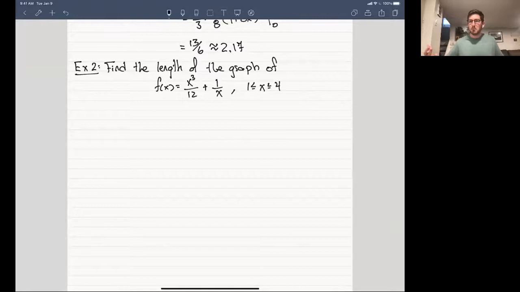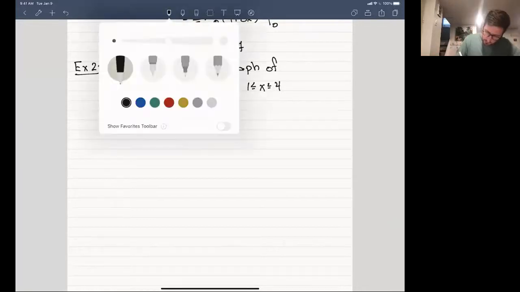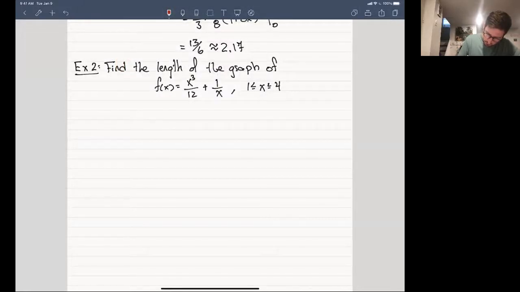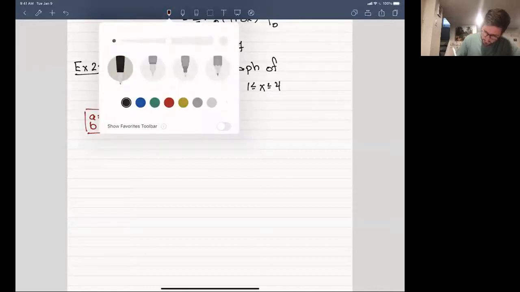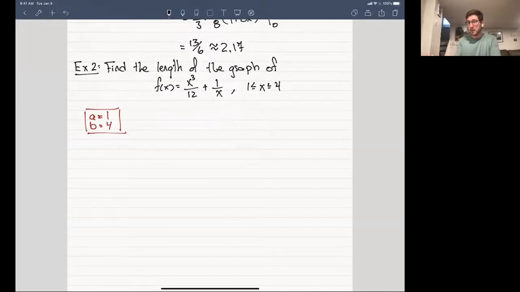Okay, so again, don't really need a picture here. We just need to be able to apply the formula appropriately. So we can clearly see, again, if I denote this in red, the endpoints are given to us, nothing too mind-numbing. And that means that the only ingredient that we're missing here is a derivative.